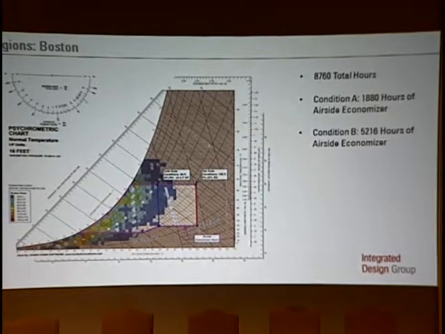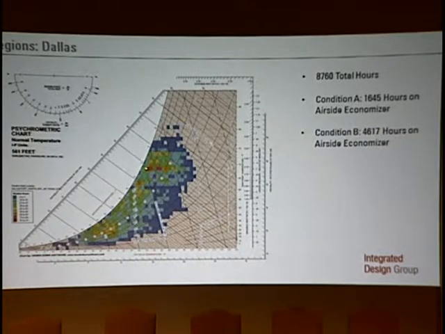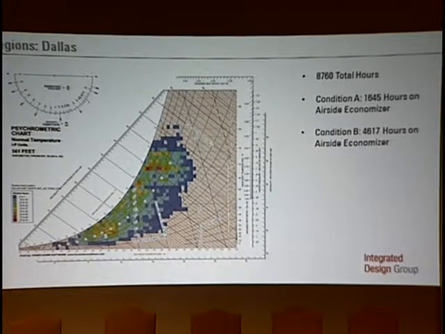We do the same thing for Dallas. Now Dallas, here's our weather conditions in Dallas, and here's where most of the hours are. Boston was down here, which was 30 degrees, and a dew point of around 30, which is very low.